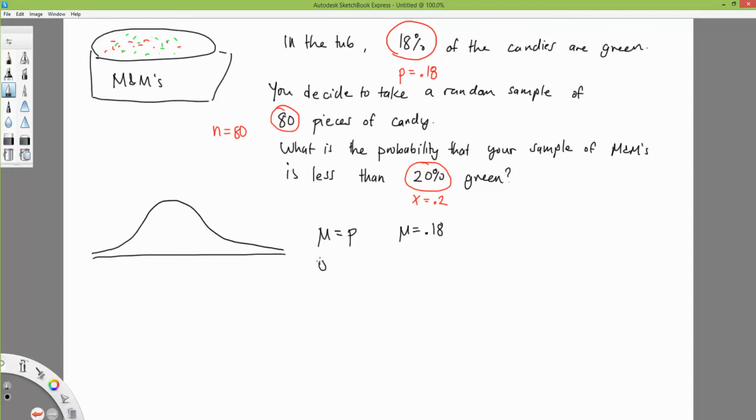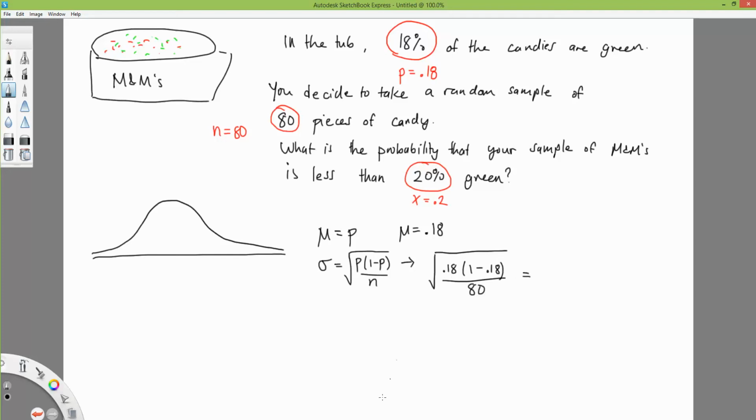Okay, so going back to our problem, we have mu is equal to p, and we said sigma, our standard deviation, is equal to the square root of p times 1 minus p divided by n, and we take the square root of everything. So that means I have the square root of 0.18 times 1 minus 0.18 divided by 80, okay?